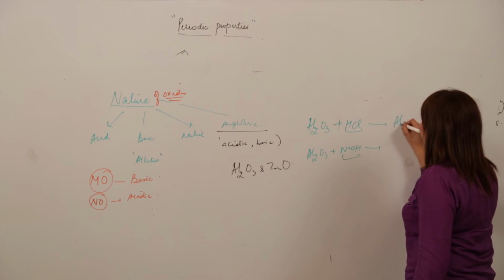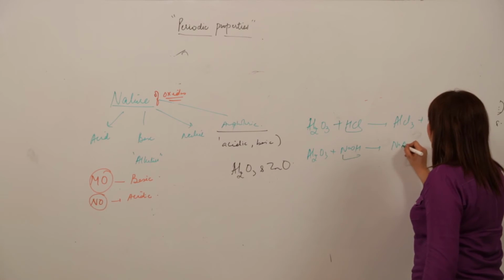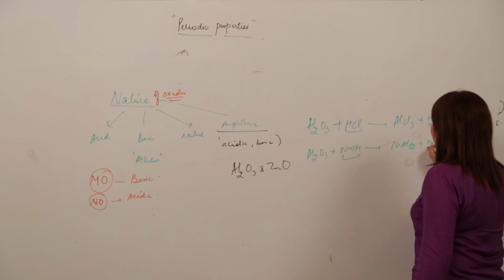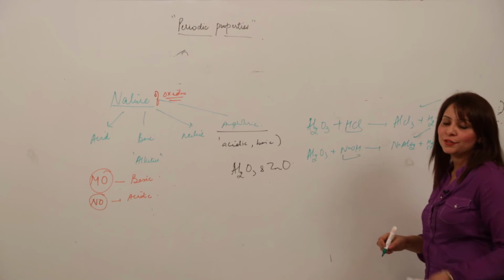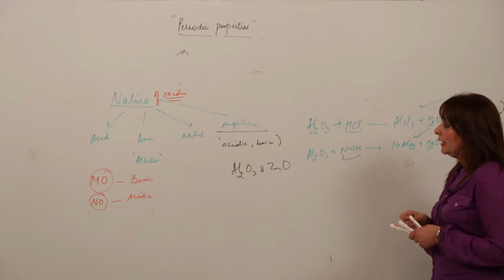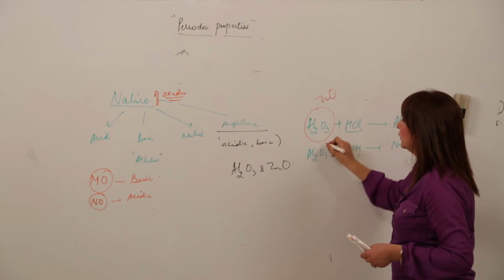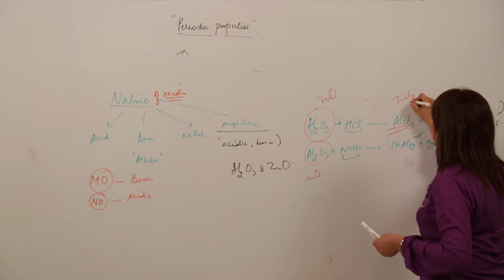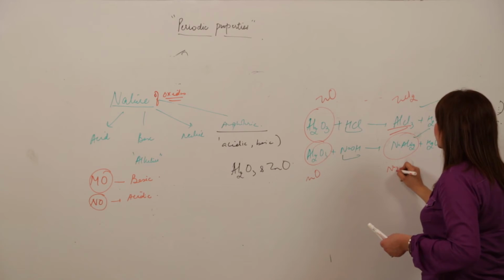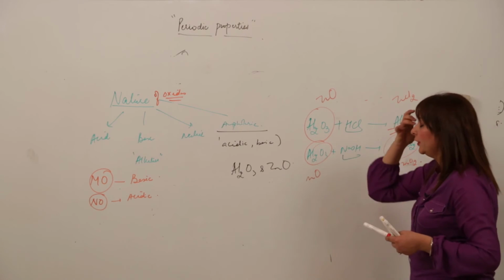It forms AlCl3 with H2O, and here it forms sodium aluminate plus H2O. So the reaction can occur with both of them, which shows it is amphoteric in nature. Likewise, we can show it for zinc also. When we use zinc oxide, it will form zinc chloride, and here it will form sodium zincate.